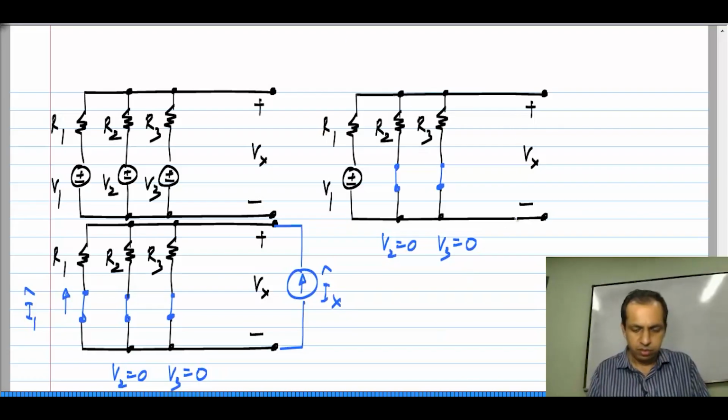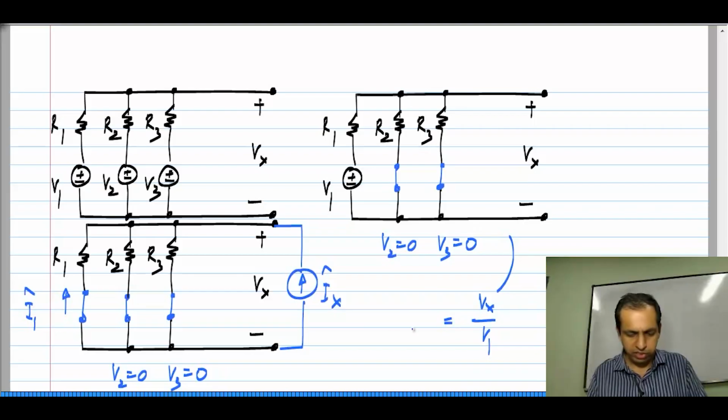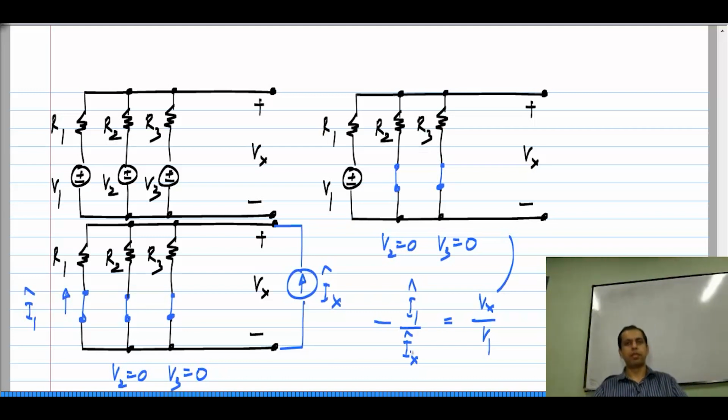I know that Vx by V1 in this circuit will be exactly the same as minus I1 hat by Ix hat.